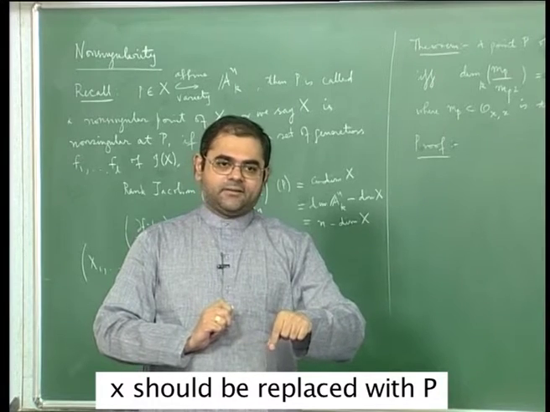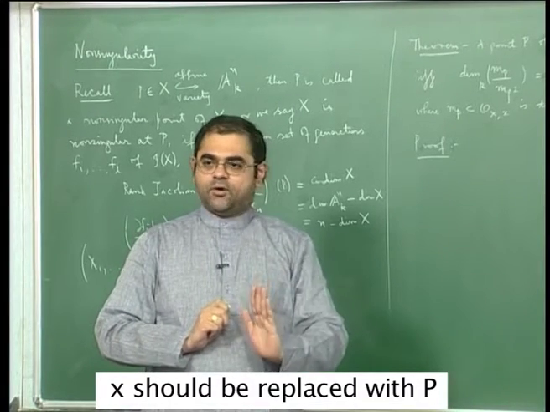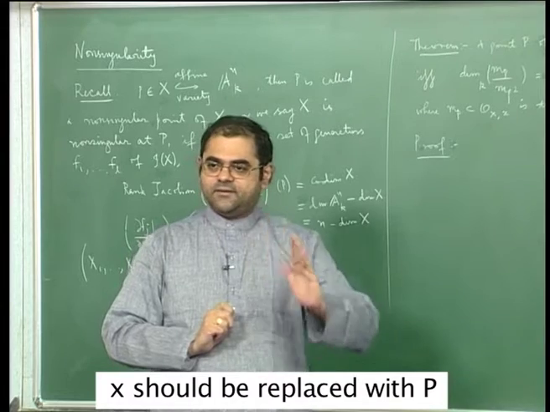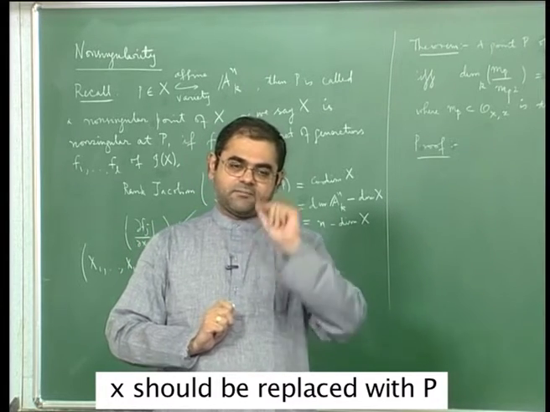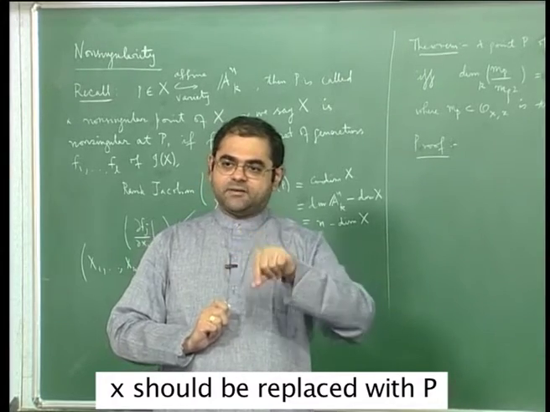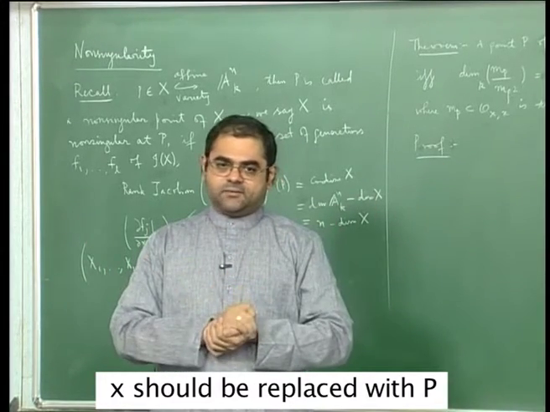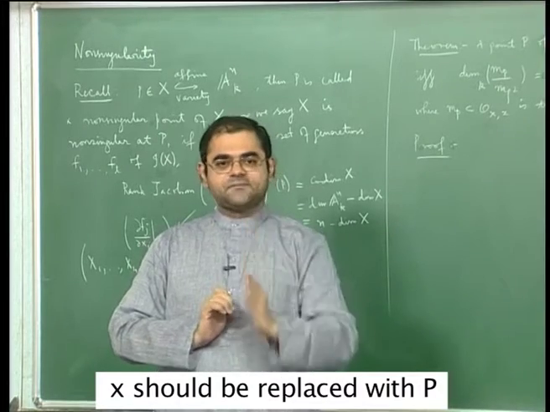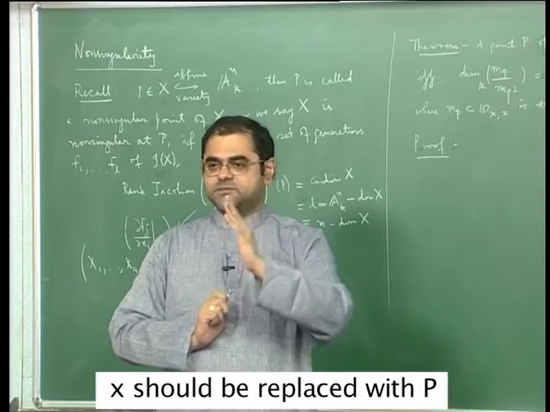And you are also trying to look at the normal space, the space of vectors in the tangent space at that point for the ambient object, and you are looking at the normal directions also.